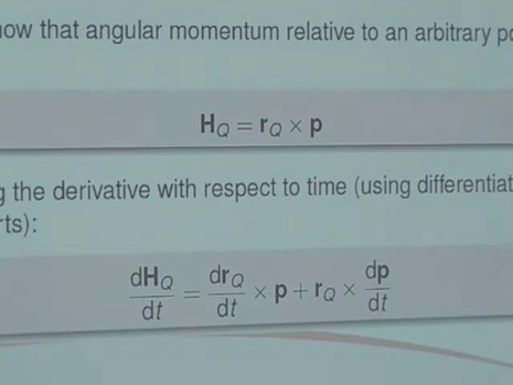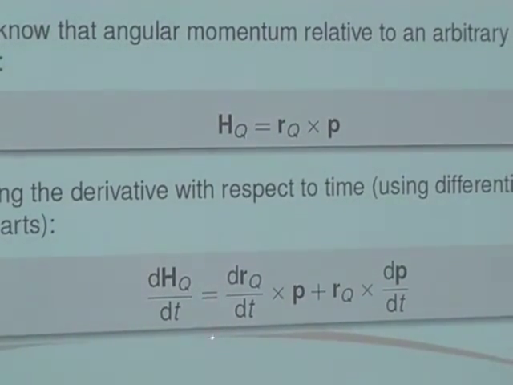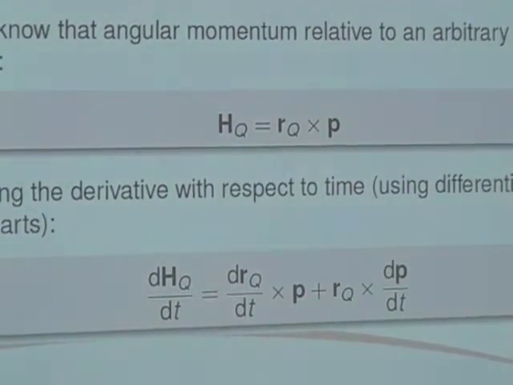Well, if you think about the equation for the magnitude of a cross product, okay? Do you remember it was the magnitude of r, or the magnitude of dr over dt, times the magnitude of the second term, okay, times the sine of the angle between them. Now what's the sine of 0? 0, okay? So this term here, dr_q over dt cross p, is 0. We can disregard it, okay?